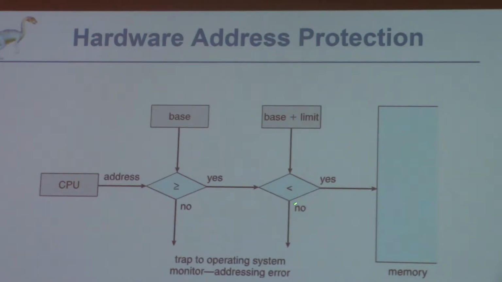If it is not, it raises an interrupt signal, meaning something is wrong: it is out of the boundary, which is called a trap. Then the operating system handles the error and stops the current process or does something else. Otherwise, if it passes the check, the memory is finally accessed with that program counter address.